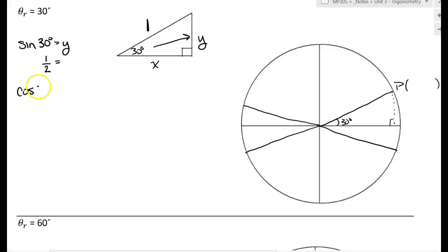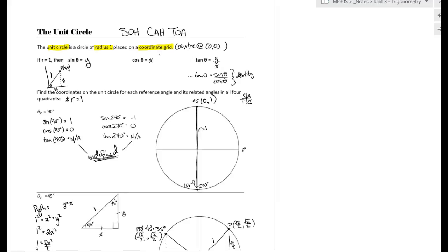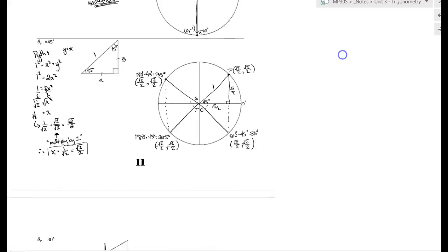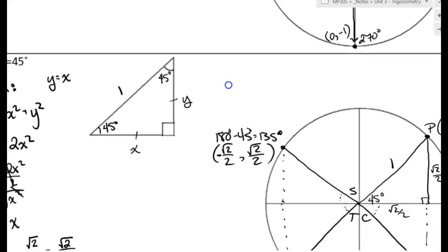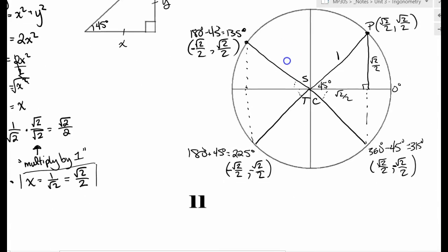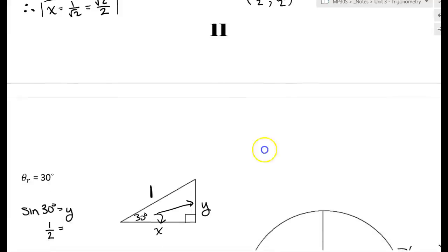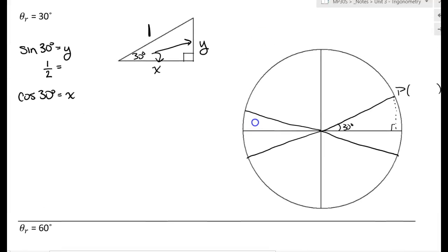Cosine of 30 degrees is going to allow me to solve for x, and we see that here. And so when you punch this into your calculator, you're going to get some long decimal place.